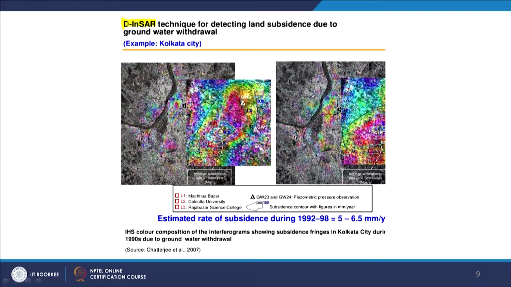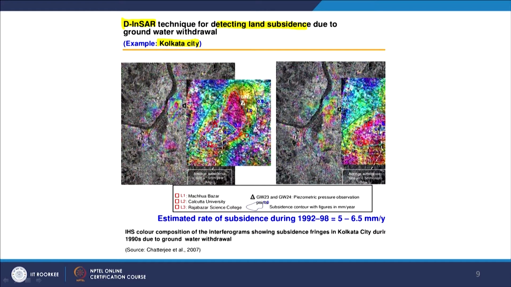There are also other examples of the DInSAR technique detecting land subsidence, and this example is from Kolkata city, due to over-withdrawal of groundwater. As you can see, these kinds of deformations are very slow compared to earthquake-induced deformations, and therefore very clear-cut multiple fringes may not be possible between these two dates.